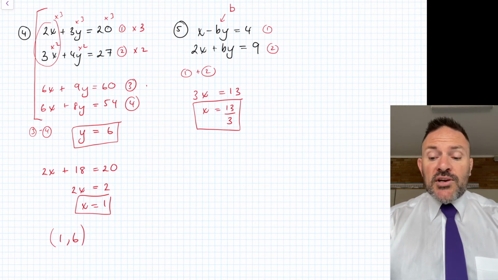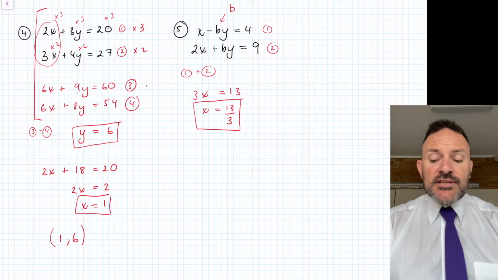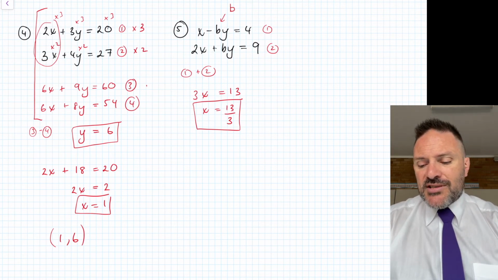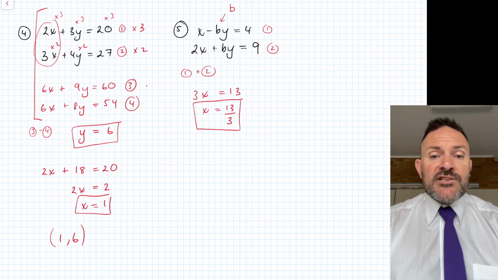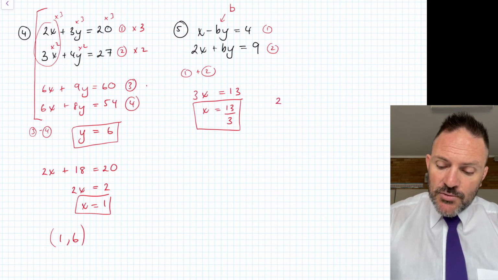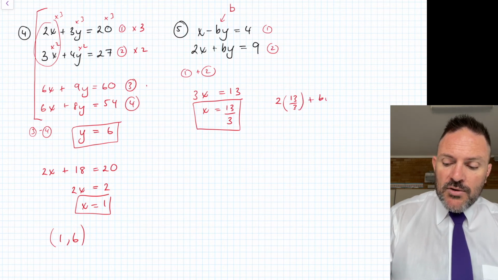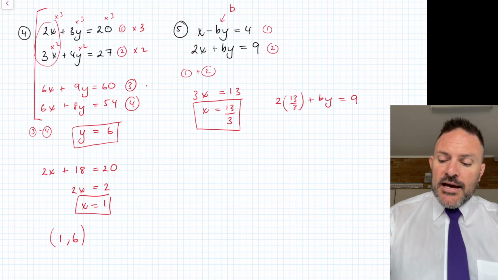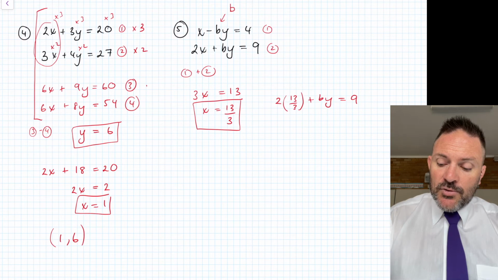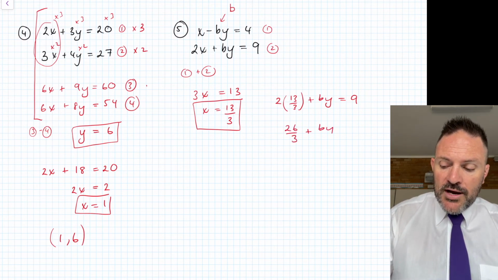And now all I'm going to do is choose one of the two equations to sub back into. I might choose the second equation this time, only because we have a positive by. So I'm going to have 2 lots of 13 on 3 plus by equals 9. 2 times 13, of course, is going to be 26 on 3 plus by equals 9.